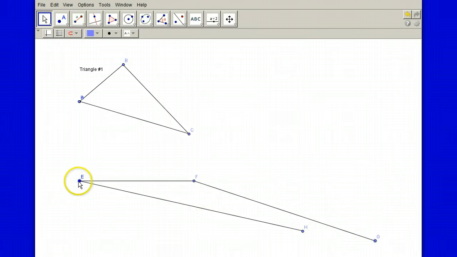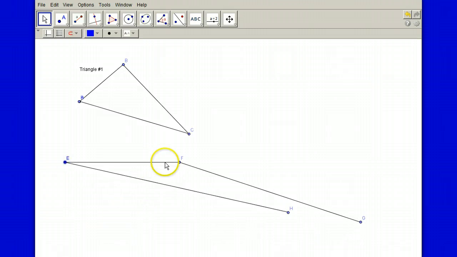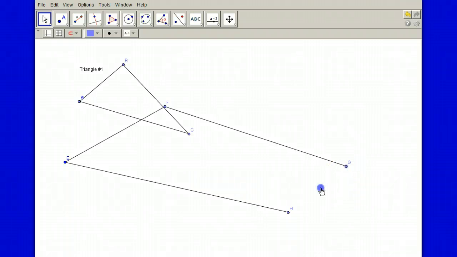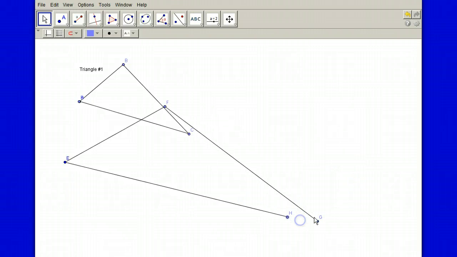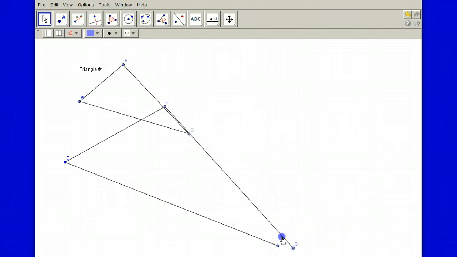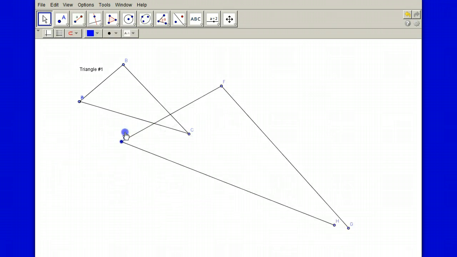Now we want to try to create this triangle. E is not going to move for us, so we might need to stretch F up here for right now. Pull H. No, H isn't going to move for us. Pull G down. Let's slide this whole thing so we're not on top of our other triangle.